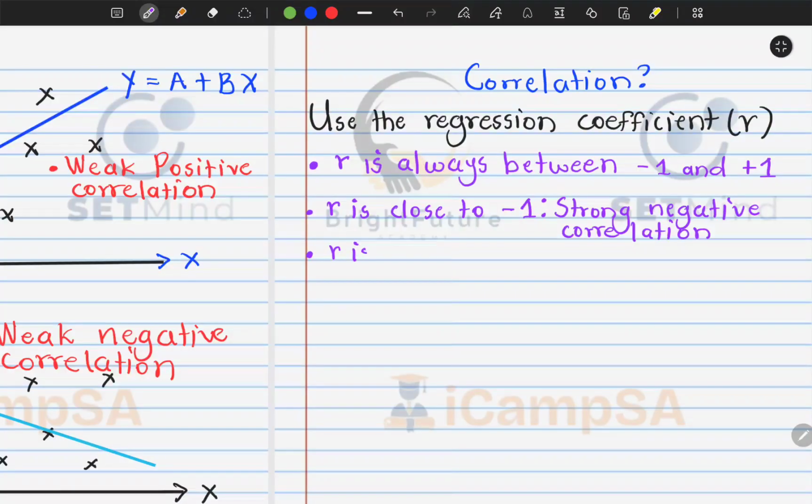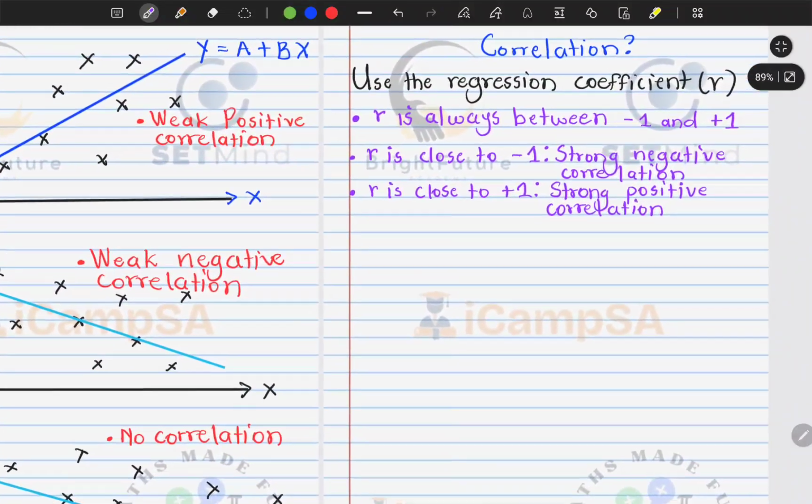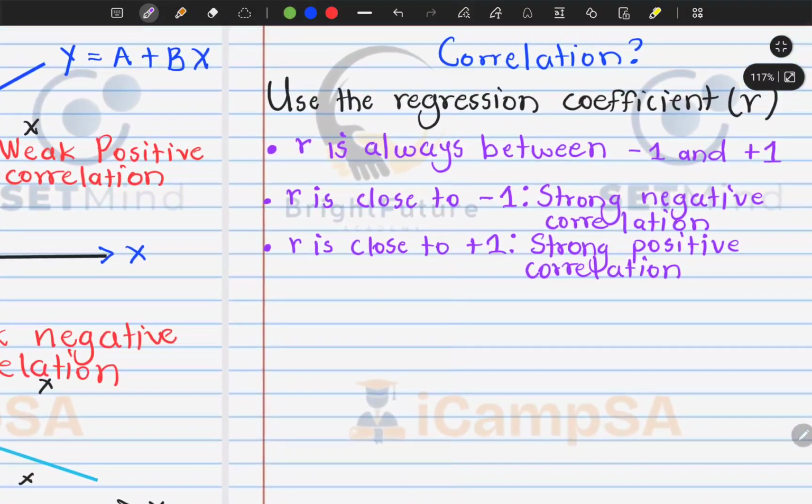And then when R is close to +1, I'm sure you can take a guess. It means we have a strong positive correlation. So in order for our least squares equation to be accurate, we need to have a strong correlation.